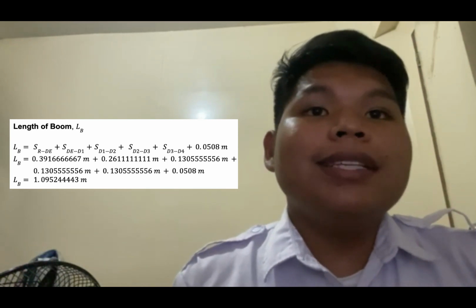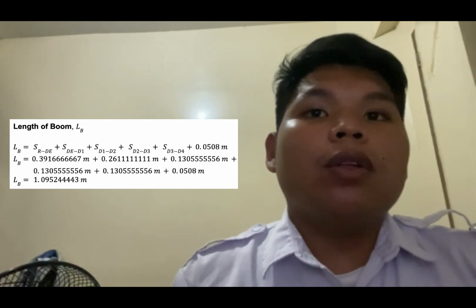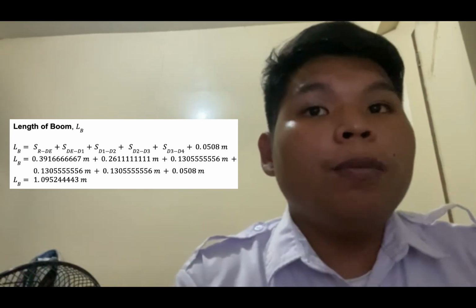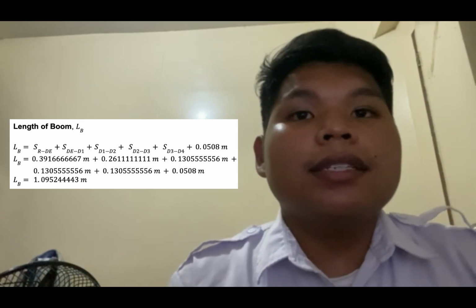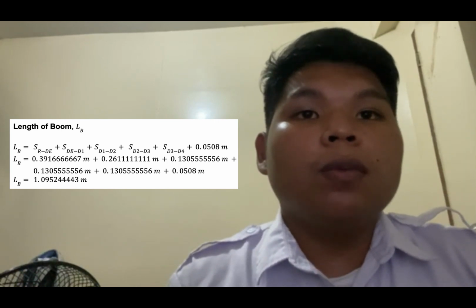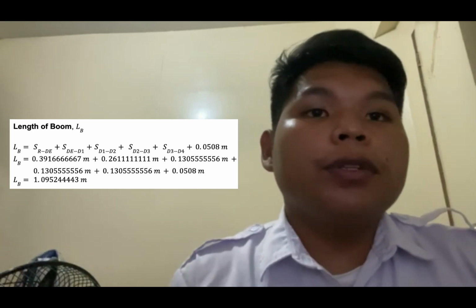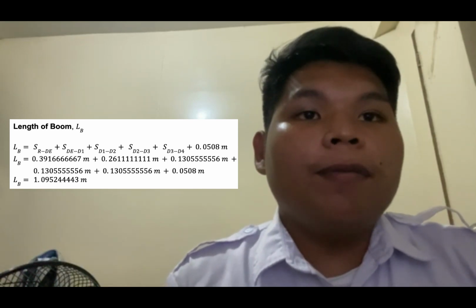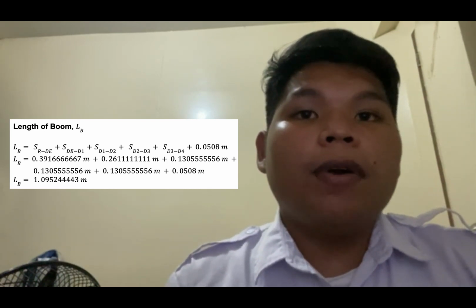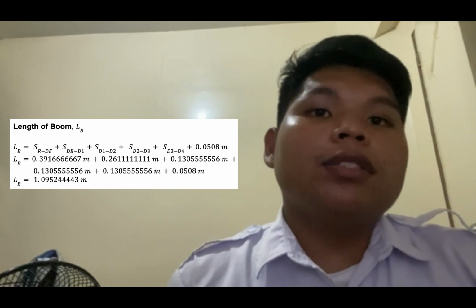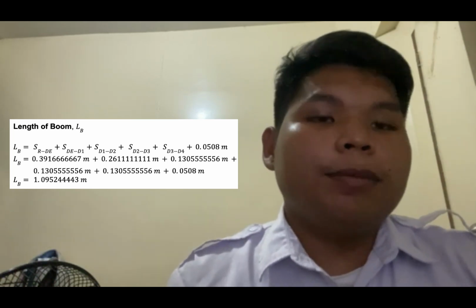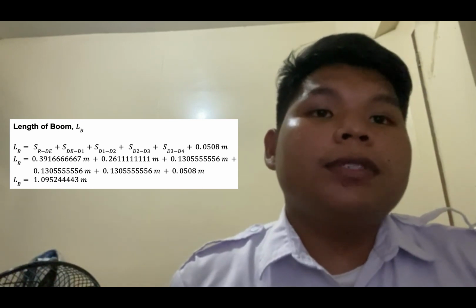Now, going back, by replacing each of the symbols with the values we calculated for each of them, we would have an end result of LB equal to 0.391666667 meters plus 0.261111111 meters plus 0.130555556 meters plus 0.130555556 meters plus 0.130555556 meters plus 0.0508 meters.